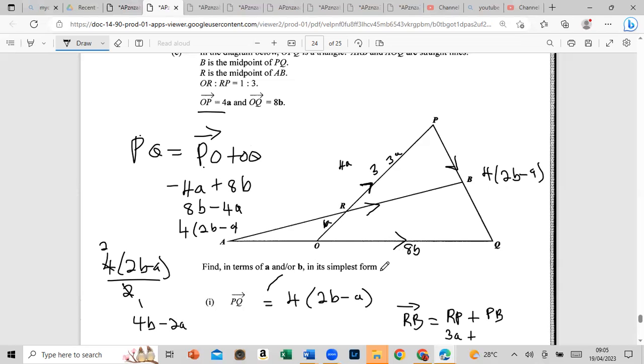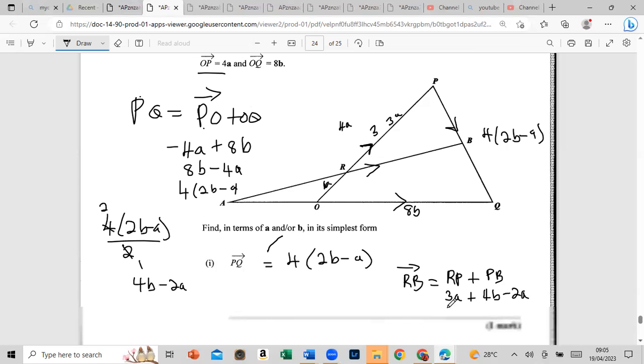And it makes sense because we had gotten 8 and 4. So half of that will be 4b and 2a. So all we have to do now is just add these. So it's gonna be 4b minus 2a. What we have to do now is group the like terms.